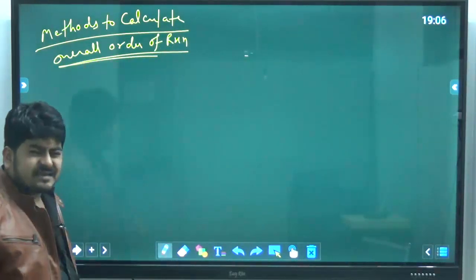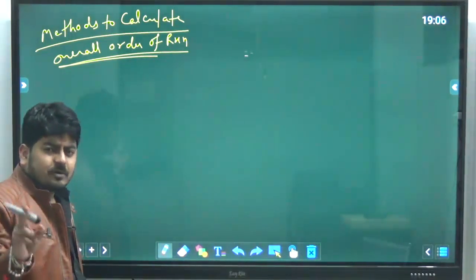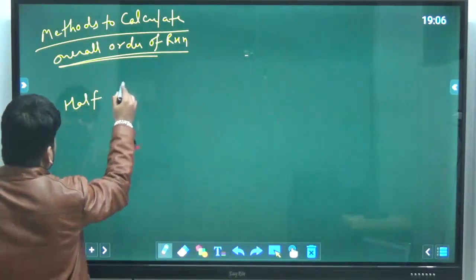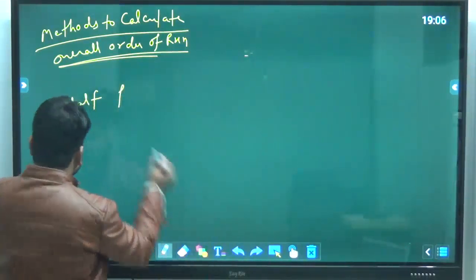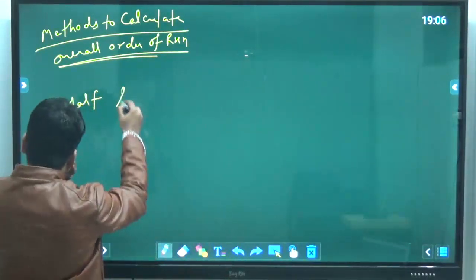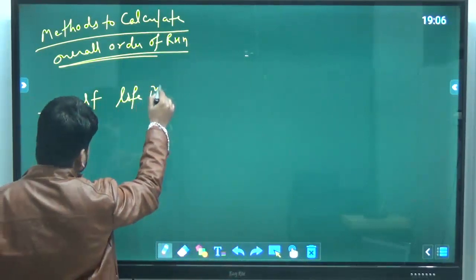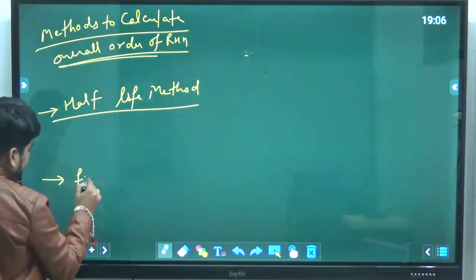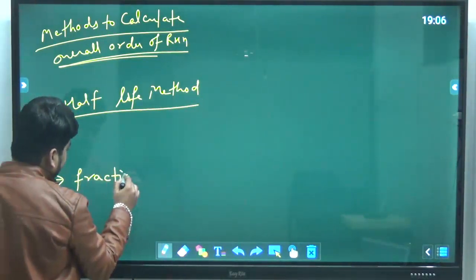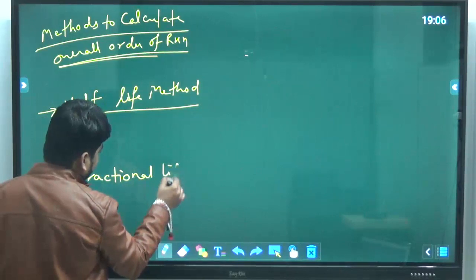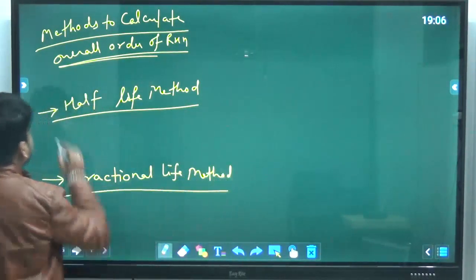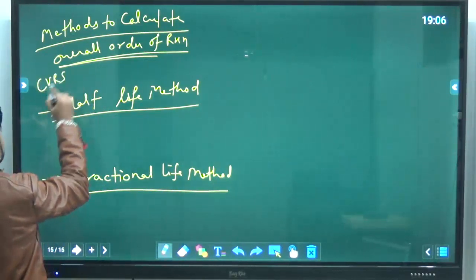There are several methods, but we will talk about only two of them. One is the half-life method and the second is the fractional life method. And remember, all these methods are applicable only for CVRS system.